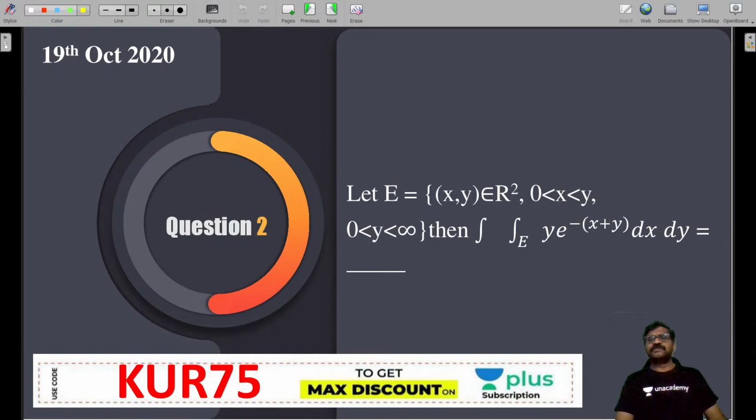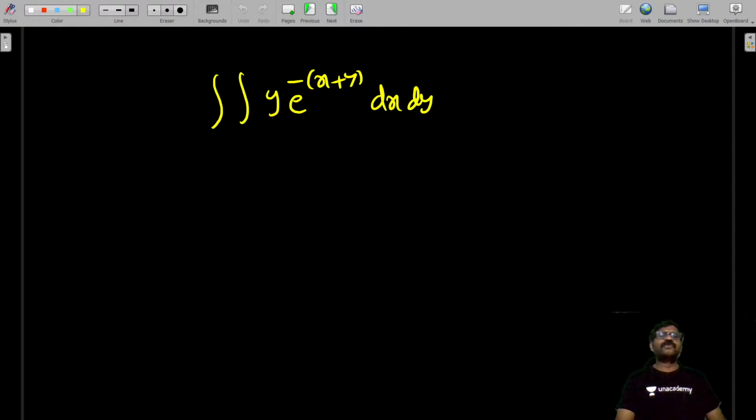Y varies from 0 to infinite, x varies from 0 to y.